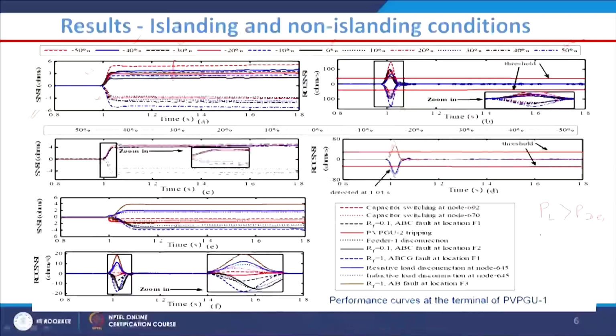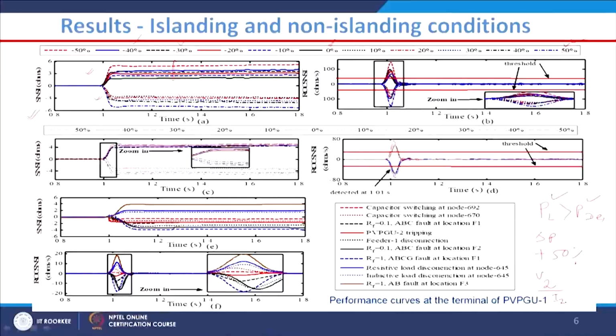Now, if this delta P is, let us say, plus 50%, that means my PL is greater than PDG. In that case, what happens? The V2 is decreased, because the load increases, voltage decreases, right.